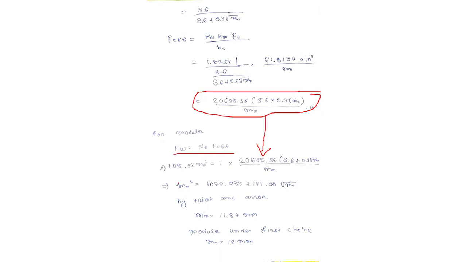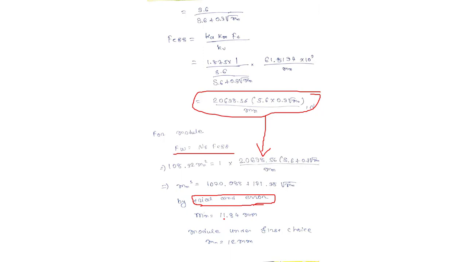By solving this equation we get mn cube is equal to 1070.088 plus 171.98 root mn. By the trial and error method we get the value of mn equal to 11.84 mm. For the trial and error method you can see another video from our playlist.